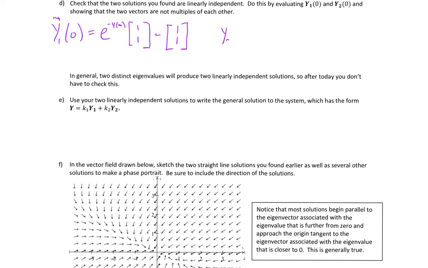And then y2 of 0 is e to the negative 0 times (2, -1), which is (2, -1). So those two vectors are not multiples of each other, so they are, in fact, linearly independent solutions.